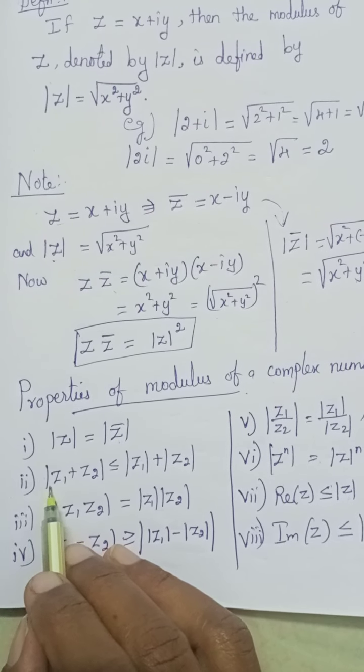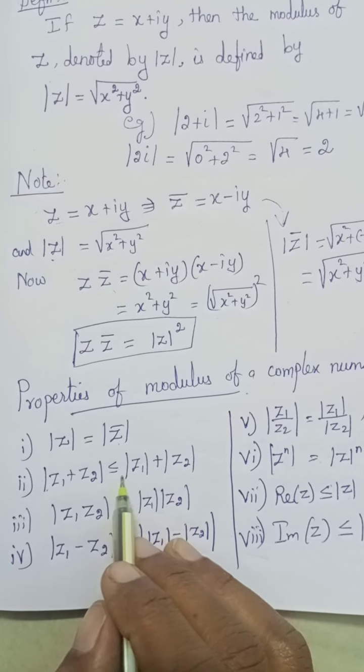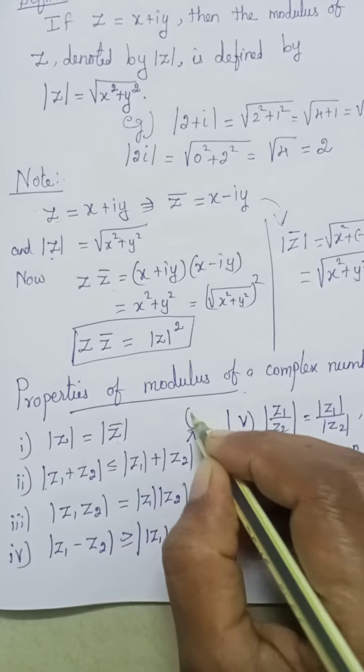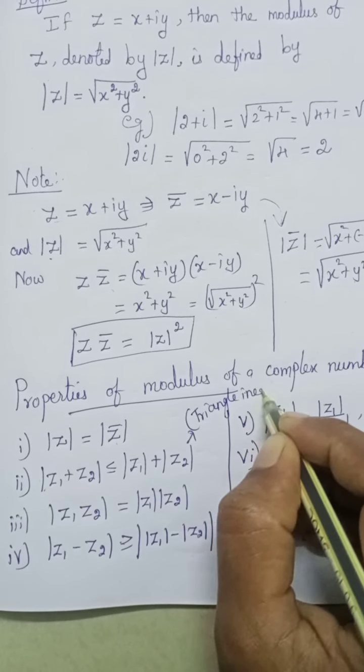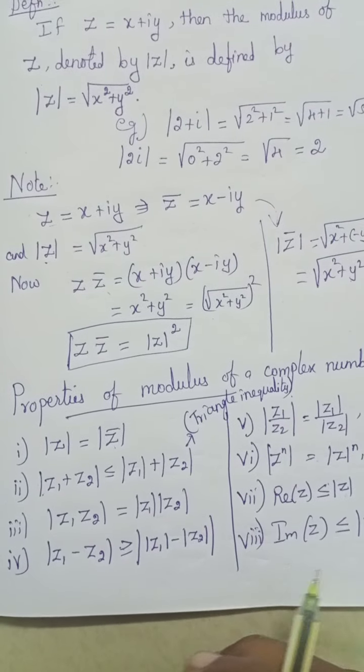The second one: modulus z1 plus z2 is always less than or equal to modulus z1 plus modulus z2. This is the triangle inequality, an important proof. After these properties we will prove it.